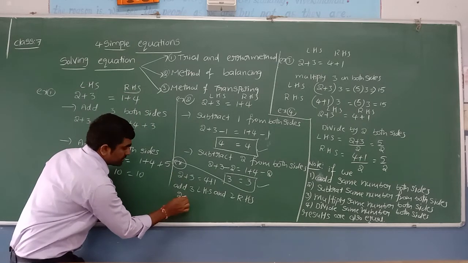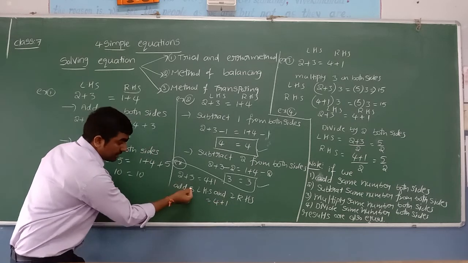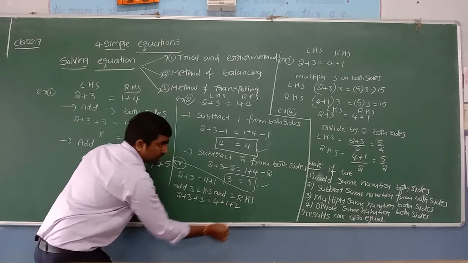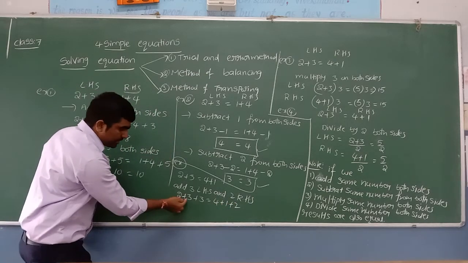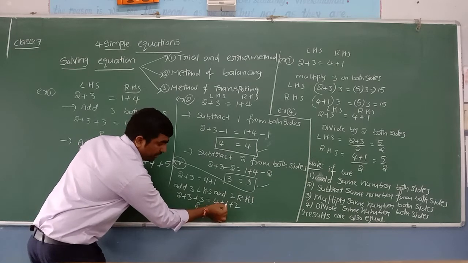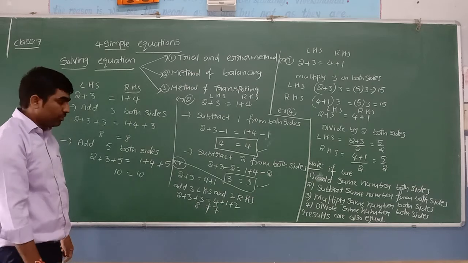Take the LHS 2 plus 3 and RHS 4 plus 1. So add 3 to LHS and add 2 to RHS. Now verify the results. 2 plus 3 is 5, 5 plus 3 is 8. 4 plus 1 is 5, 5 plus 2 is 7. Are both equal? No, both are not equal. What is the reason?